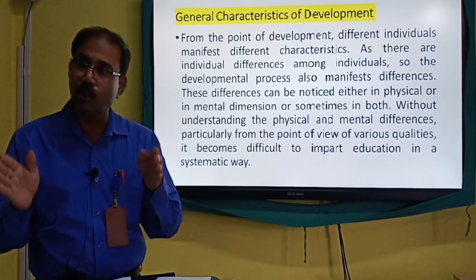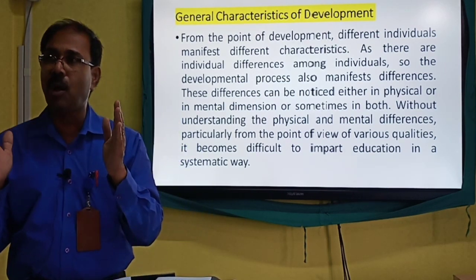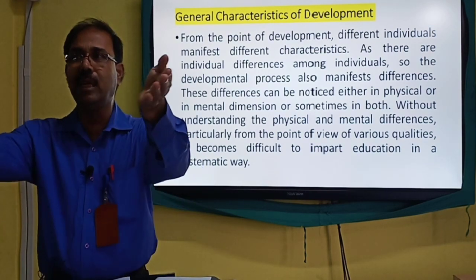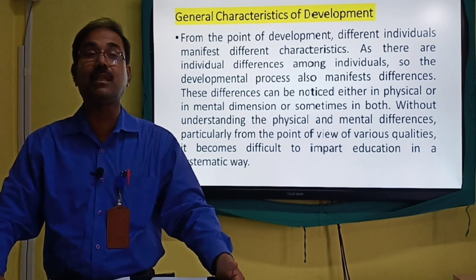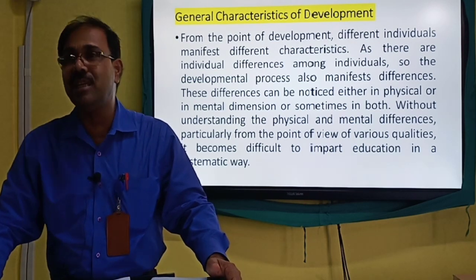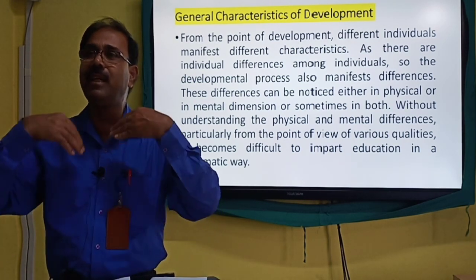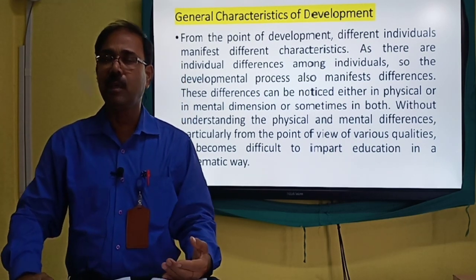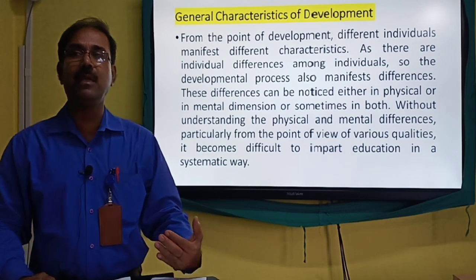So in the classroom situation, without a proper concept of the process of development, if we teach 200 or 300 students at a time, then we are doing injustice because we are failing to realize the capabilities of all the students who are sitting before you and me as teachers. They are not same.